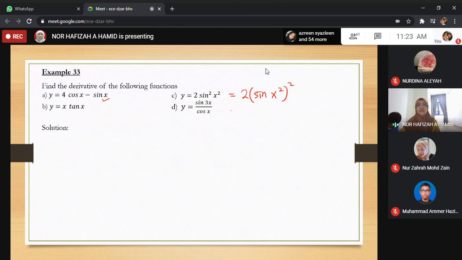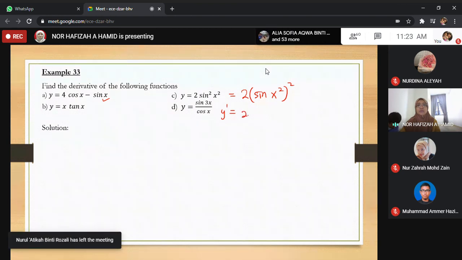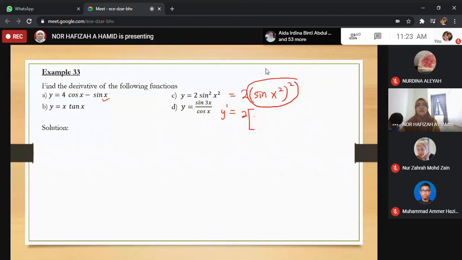Ni kalau you nak differentiate dia, y prime, you akan dapat 2, saya copy, so differentiate yang ini. So you use power rule, you have 2, lepas tu you ada sin x square, lepas tu 2 minus 1, you have 1, itu differentiate balik sin x square, so differentiate sin, you will have cos, so you ada cos x square times dengan 2x.